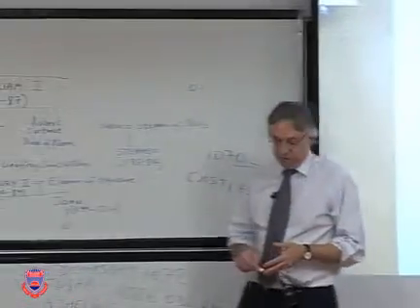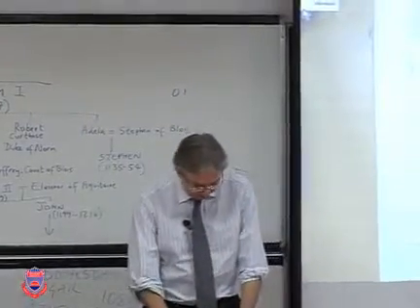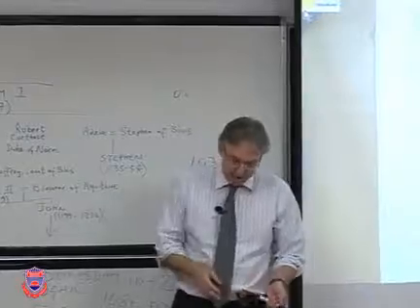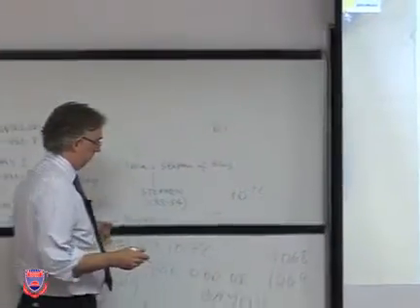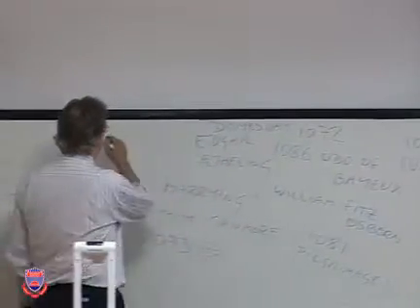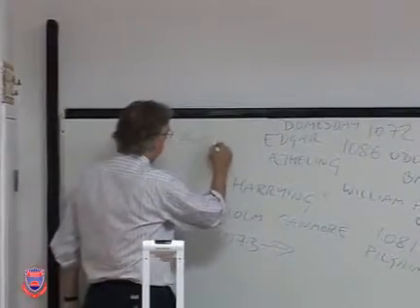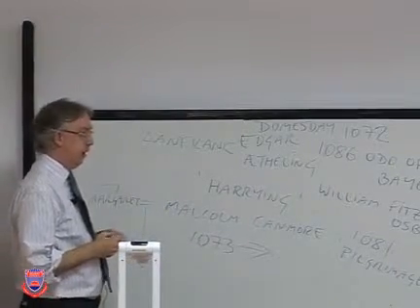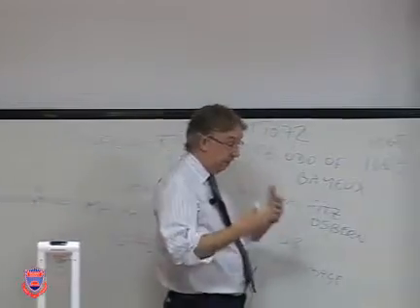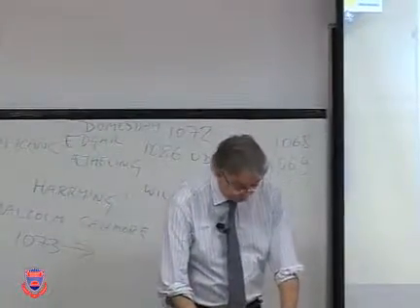Now, he was in a difficult position, partly, and he relied very heavily on, or was supported quite significantly by, Lanfranc, who was Archbishop of Canterbury and a very powerful figure during William I's reign.